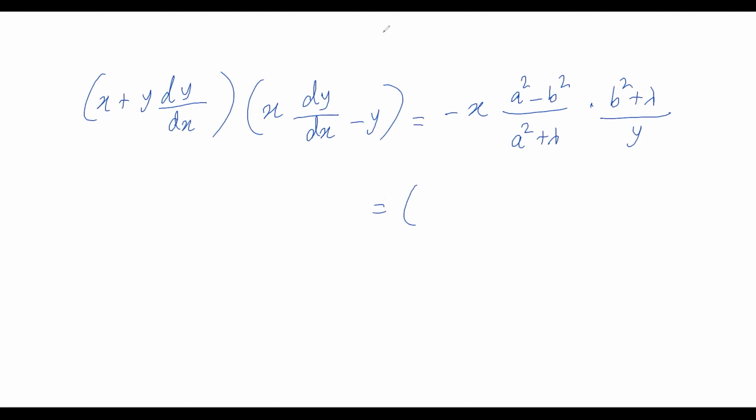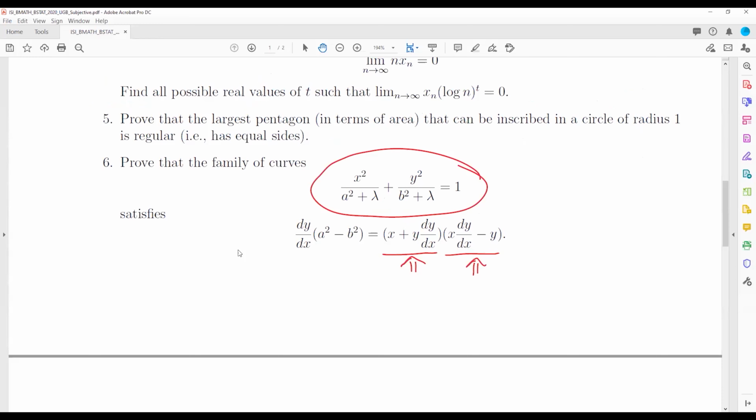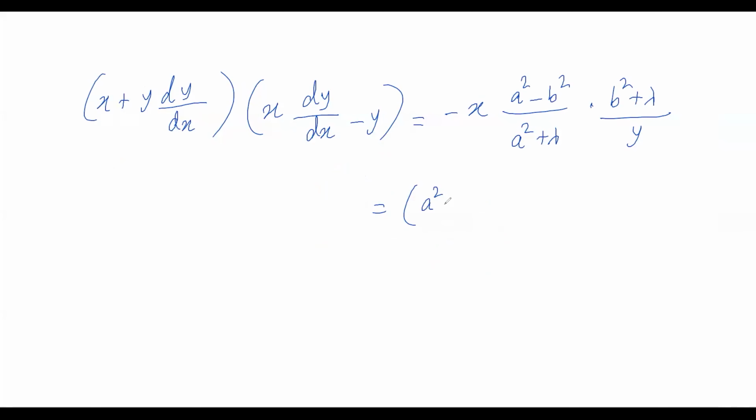now you must go and see what you have to prove, that you have to prove that dy by dx times a squared minus b squared. So let's take the a squared minus b squared part out and let's see what we have inside. So minus x by y times b squared plus lambda by a squared plus lambda.